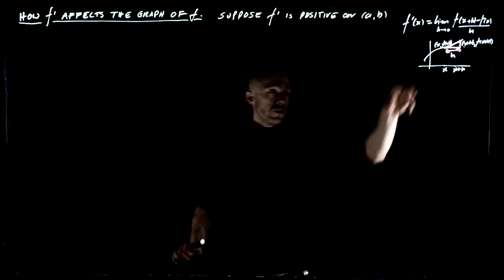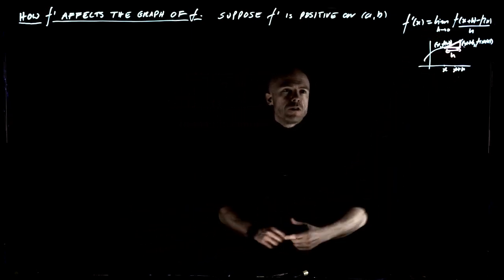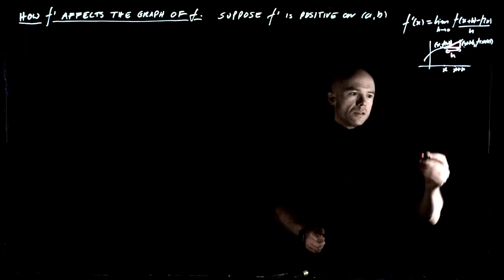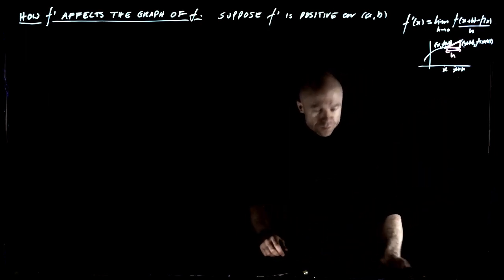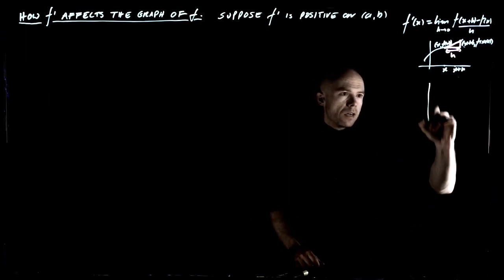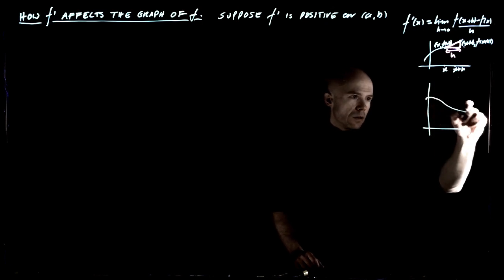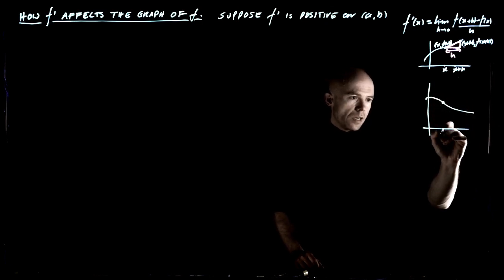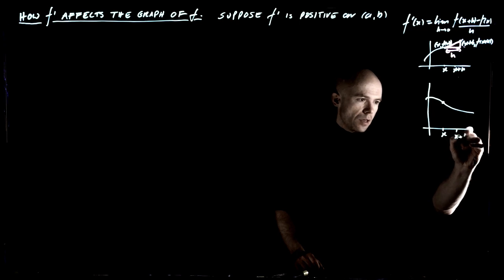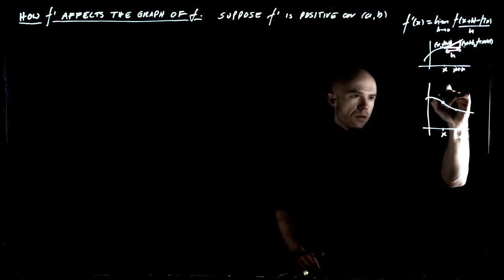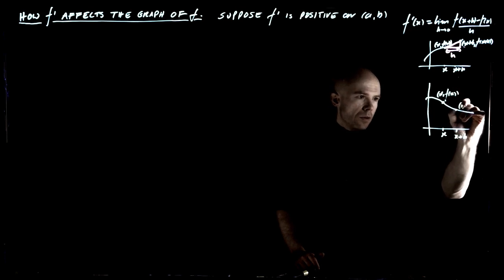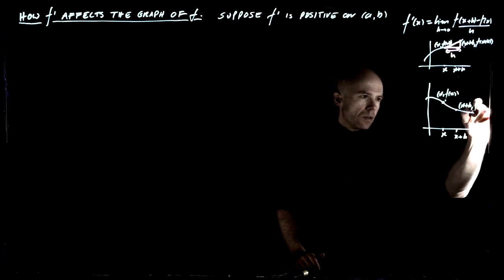And conversely, if this thing was negative, then the graph would be sloping down. So if we did this kind of picture, we had a graph like this, here is x, this is x plus h, this is the point x, f of x, this is the point x plus h, f of x plus h.